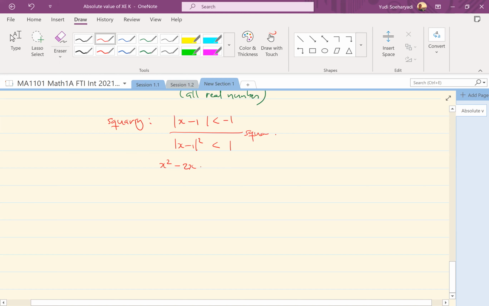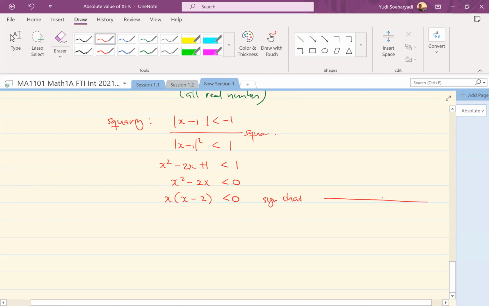So you square, and you get an expression equal to 0. You factor this and use a sign chart.